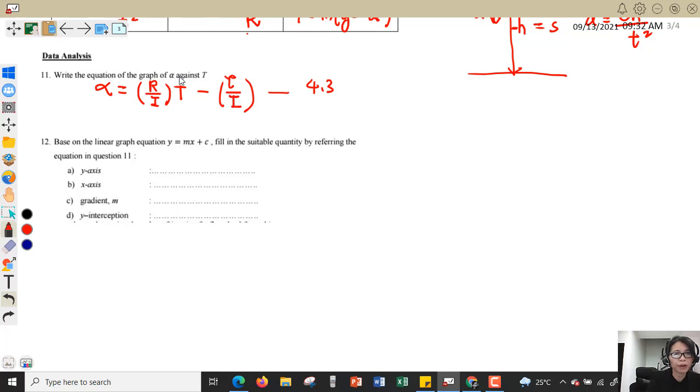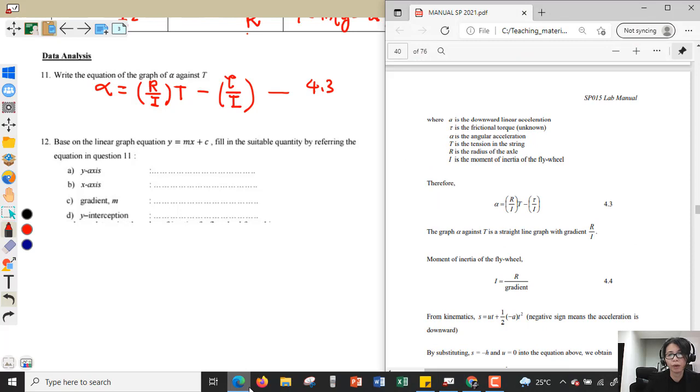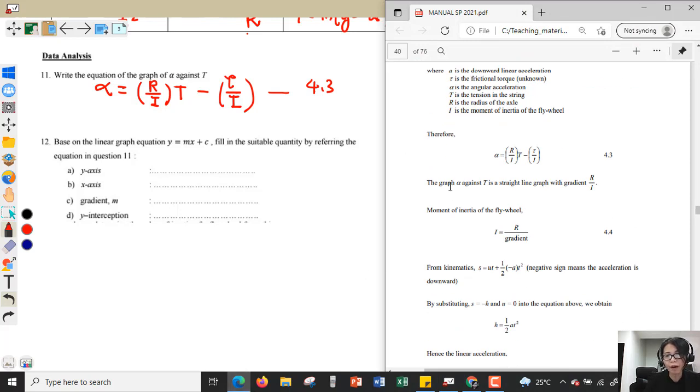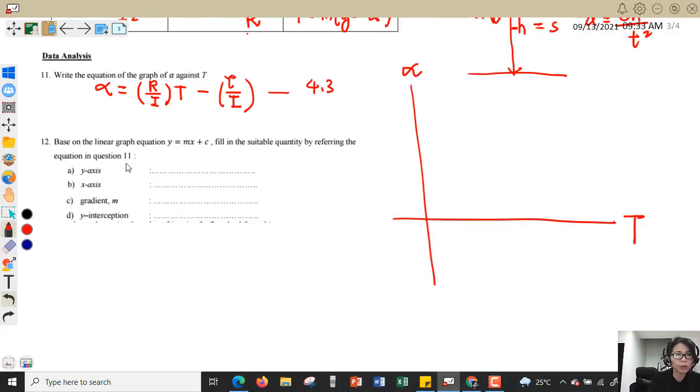So we are going to plot graph alpha against t. If we refer back to the theory in the lab manual, the graph alpha against t is a straight line graph. So we compare equation 4.3 with the straight line equation y equals mx plus c.